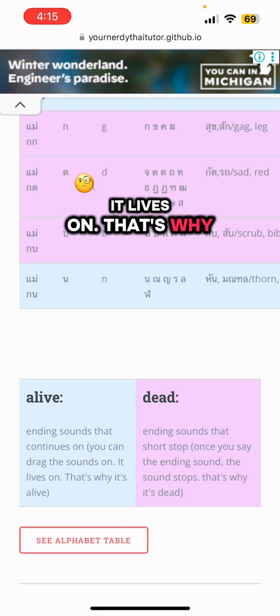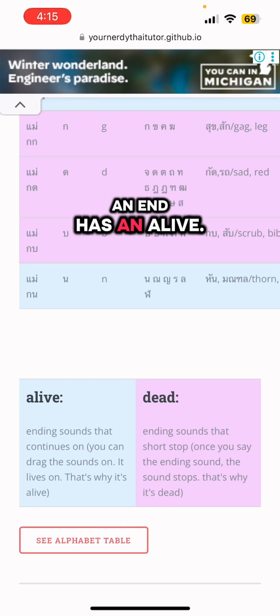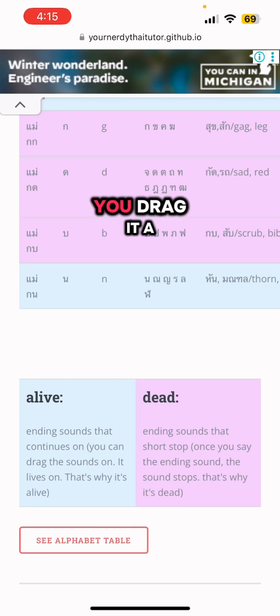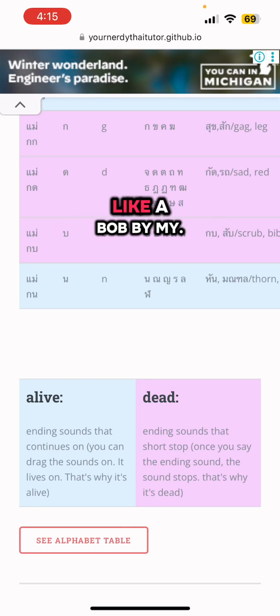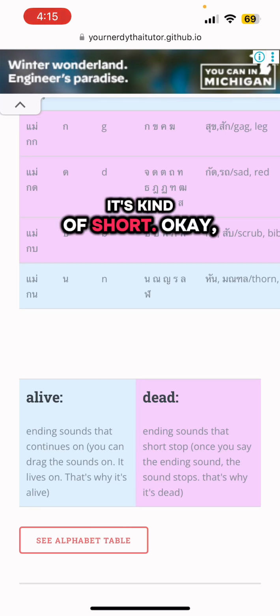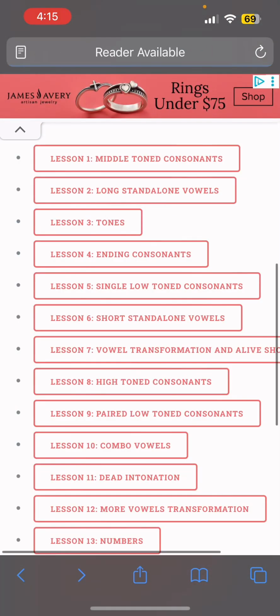It lives on, that's why it's alive. So like an N is alive, like fan, you drag it a little bit. Ending sounds that stop short, like a B, bed. Yeah, it's kind of short. Okay, so dead is short, alive is long. That makes sense to me.